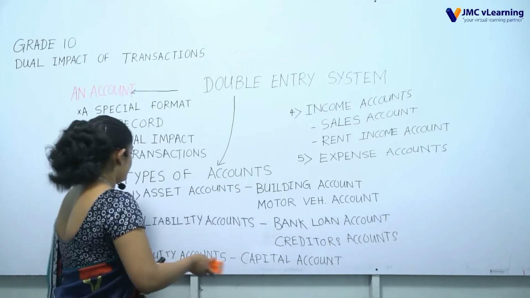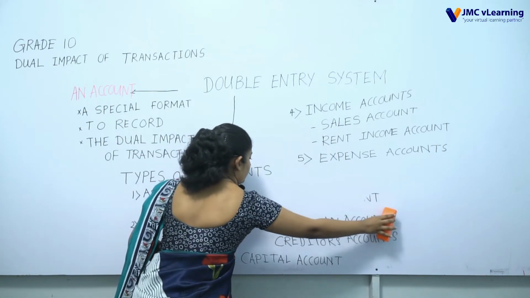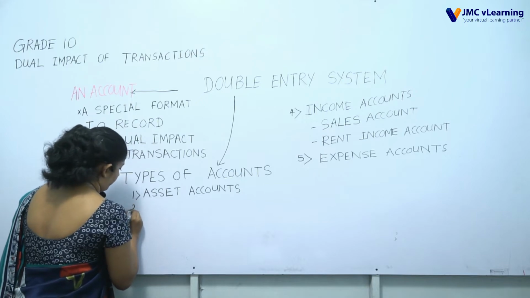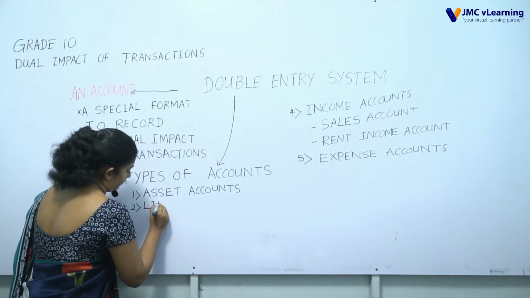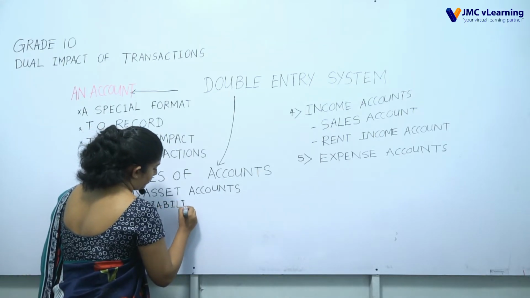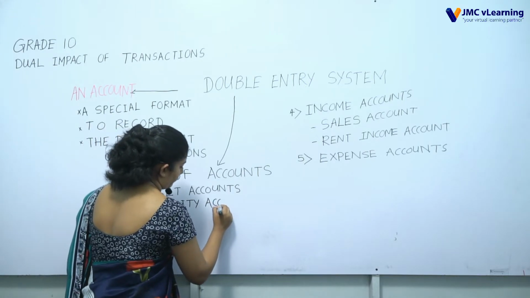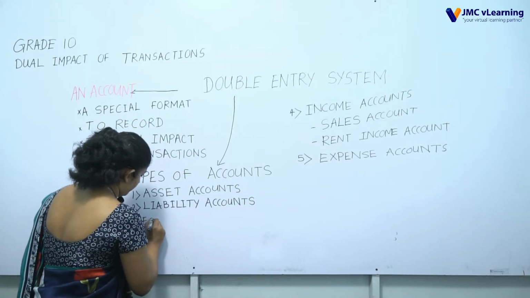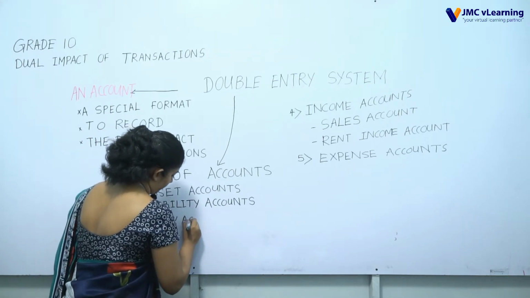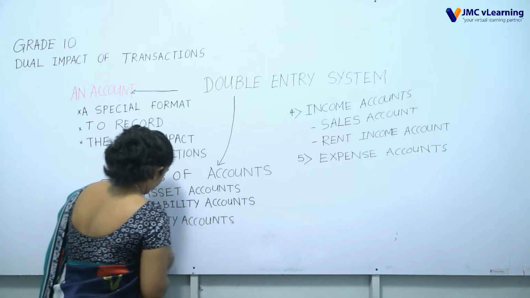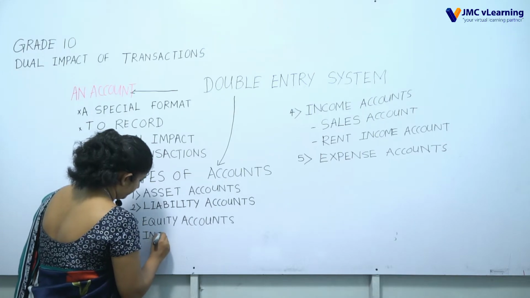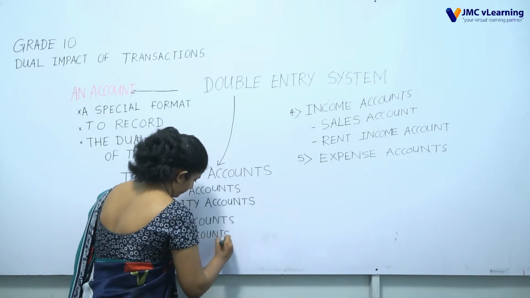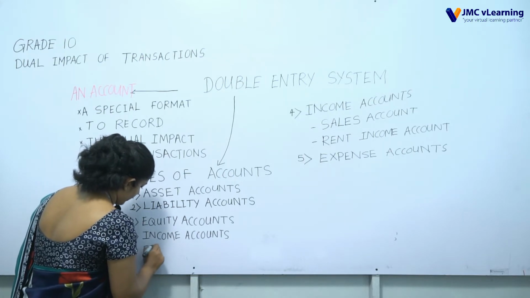So, we can summarize this: asset accounts, liability accounts, equity accounts, income accounts, and finally expenses accounts.